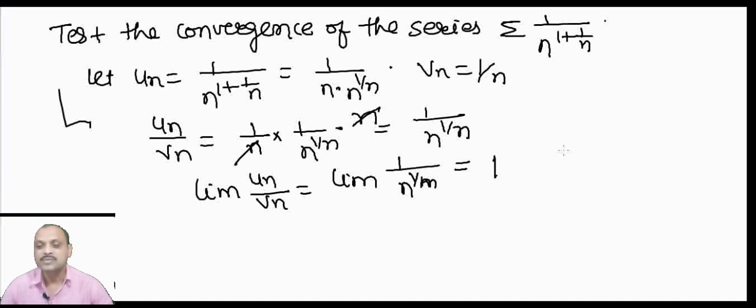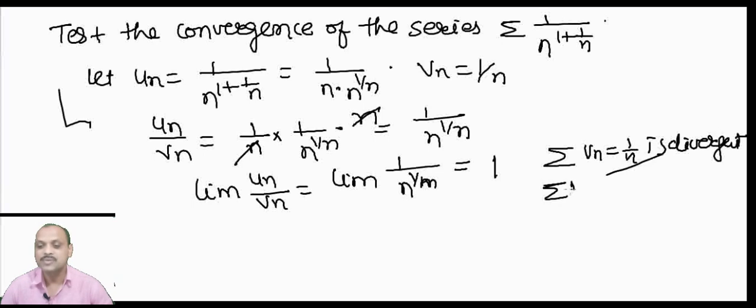Therefore summation Vn, that means 1 divided by n, is divergent. This series is a divergent series, and therefore summation Un, that means 1 divided by n raised to 1 plus 1 by n, is also divergent.